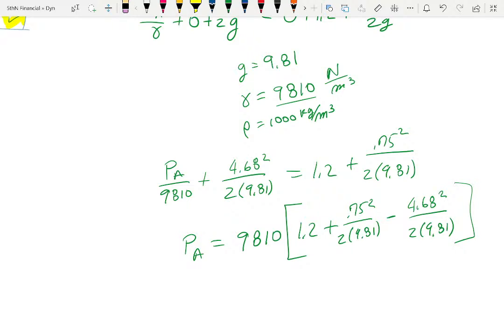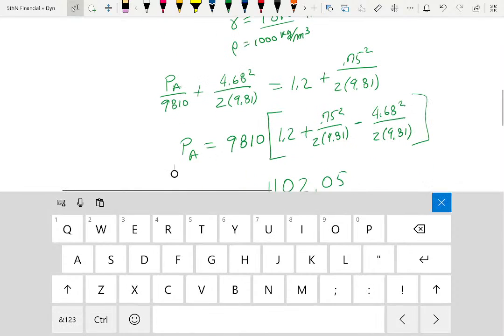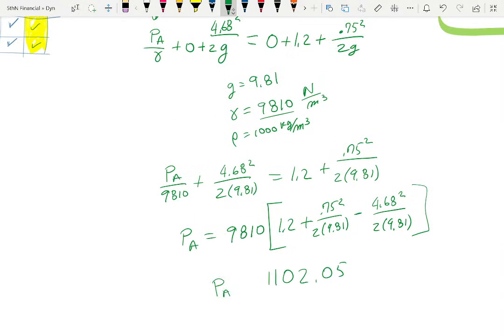The other thing is different. Now, let's see. Did you get it? 11.05. Okay. I don't really know the answer. That should be Newton's or Pascal or something like that.